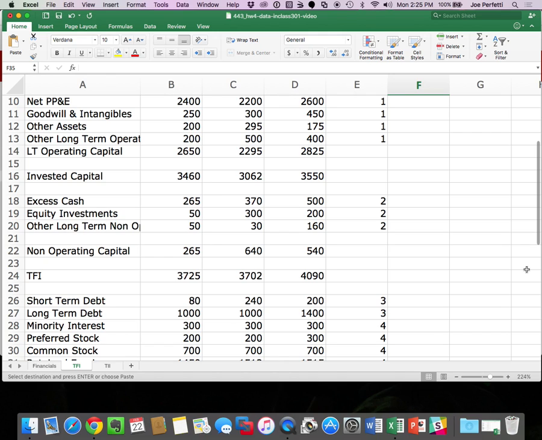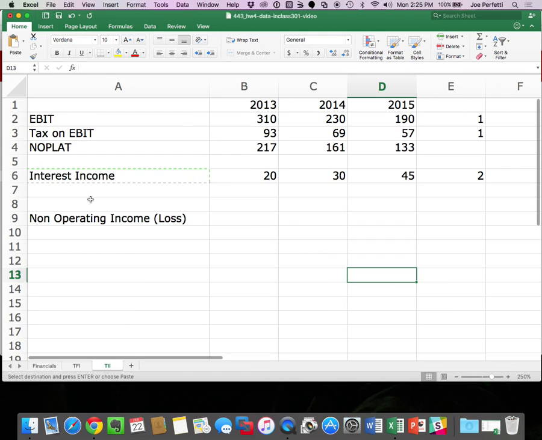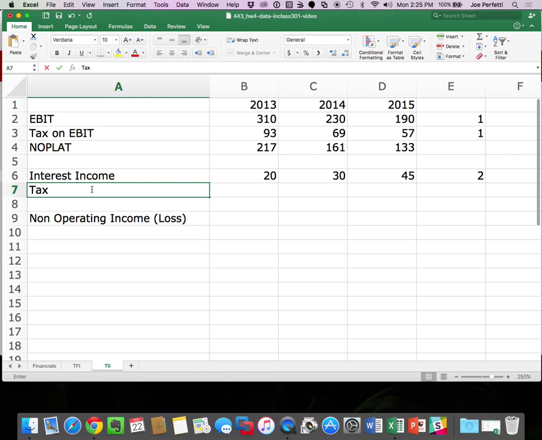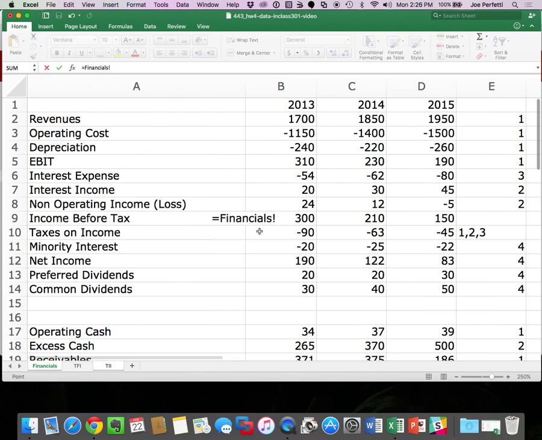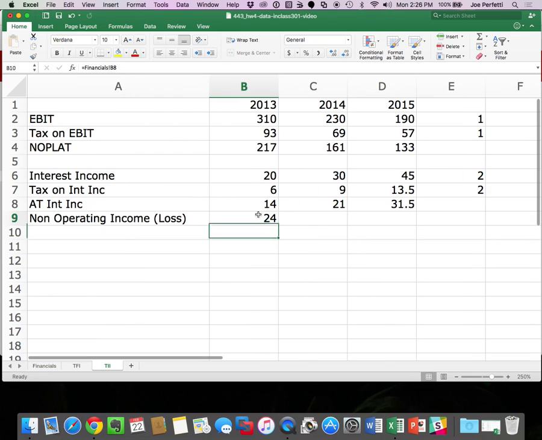Okay, so in this case, going back to our TII, we're going to have to pay taxes on the interest income, which gives us an after-tax interest income. And so at 30%, that would be the taxes paid, and that would be our after-tax interest income. Now, for the non-operating gains and losses, same process. So again, I have a non-operating gain or loss.